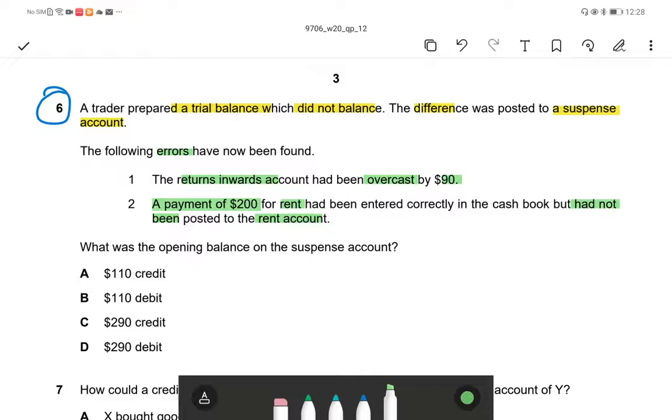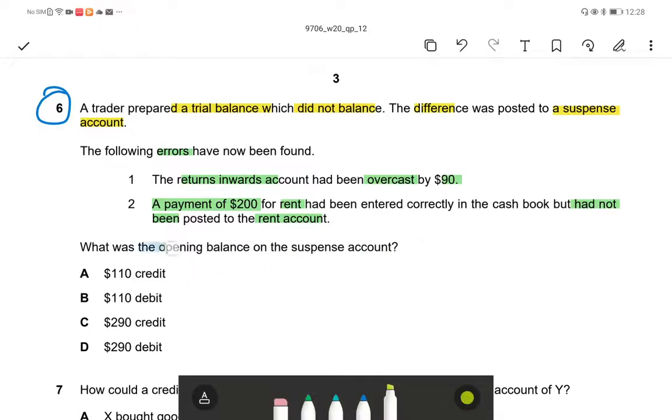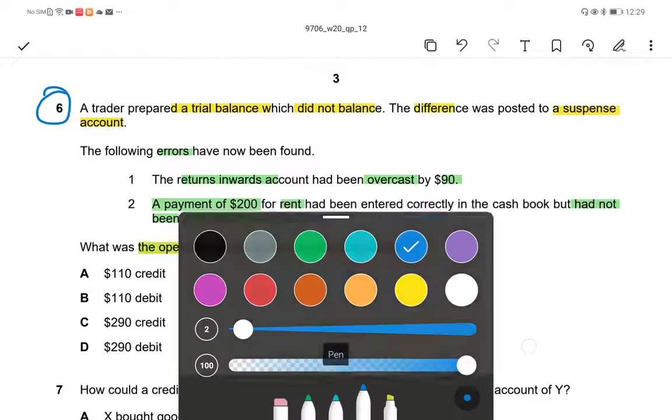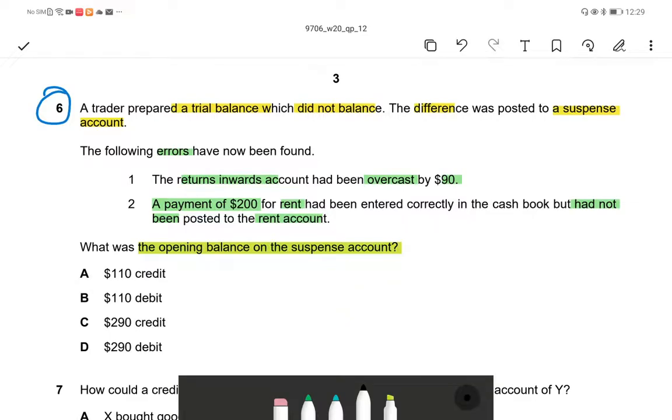The question is, what was the opening balance of the suspense account? So first we have to prepare the suspense account, with debit side and credit side.